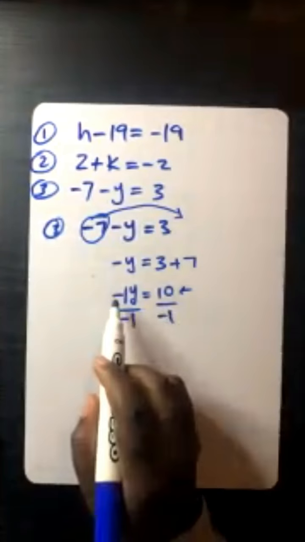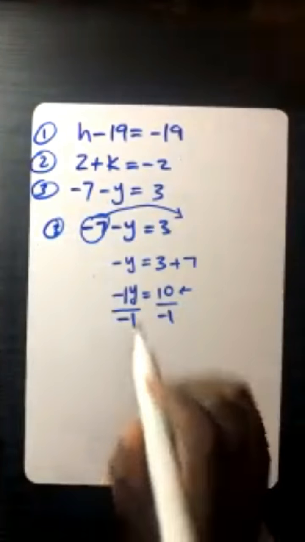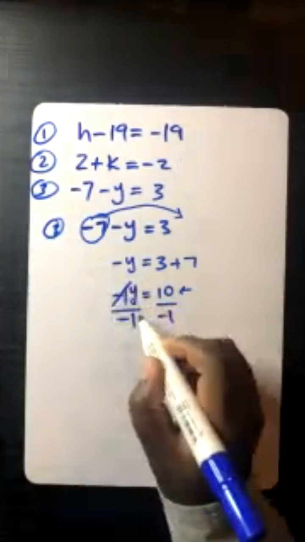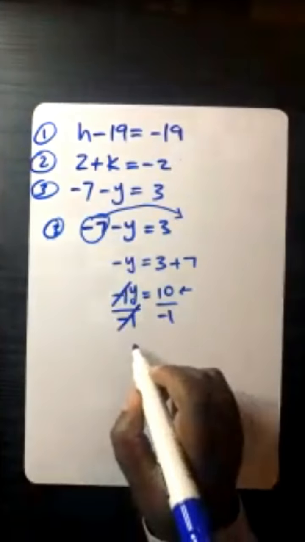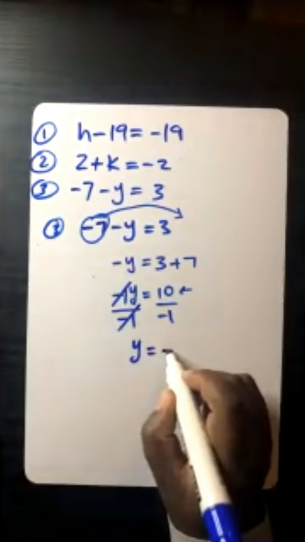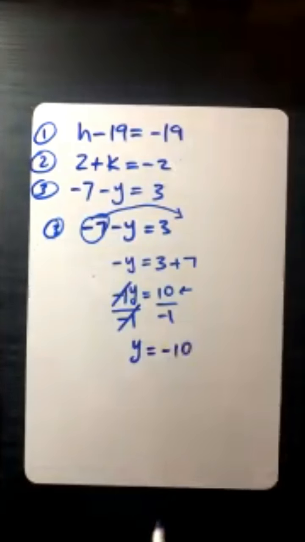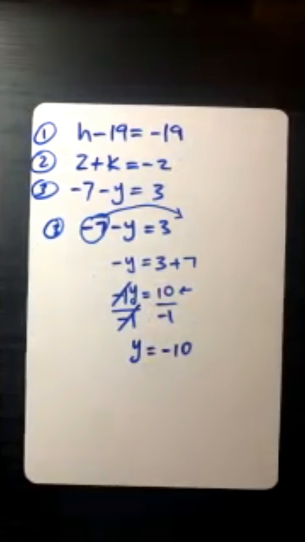Remember, what you do on the left, you also do on the right. Why did you have to divide by negative 1? It's because you wanted to remove that negative 1 so that you remain with y, which is equal to negative 10. When you punch this on a calculator, you obviously get negative 10, isn't it? Yes, sir.